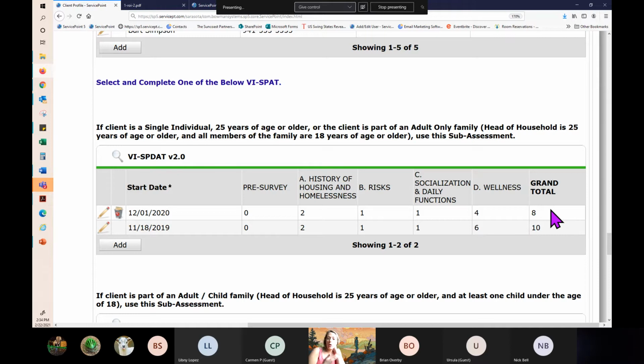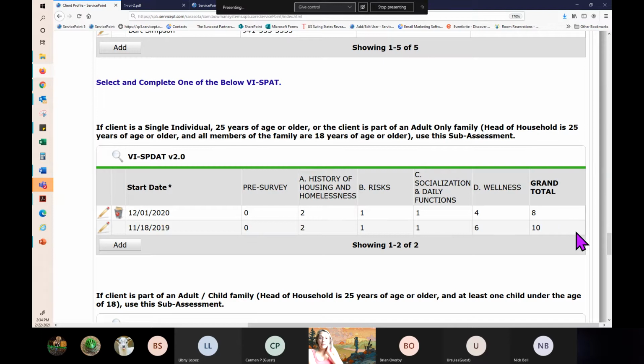This score will help us determine how vulnerable the client is and what housing service will be most appropriate for that client. So when we get to the VI SPDAT, there are 3 VI SPDATs.